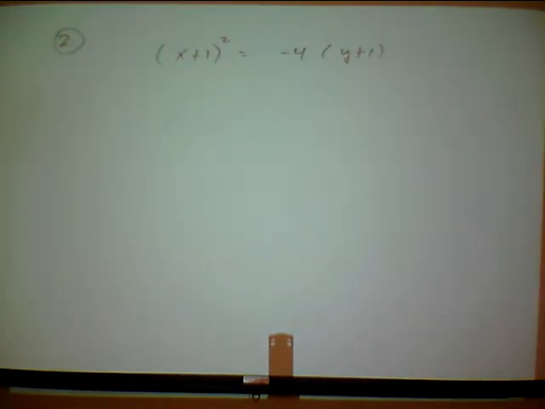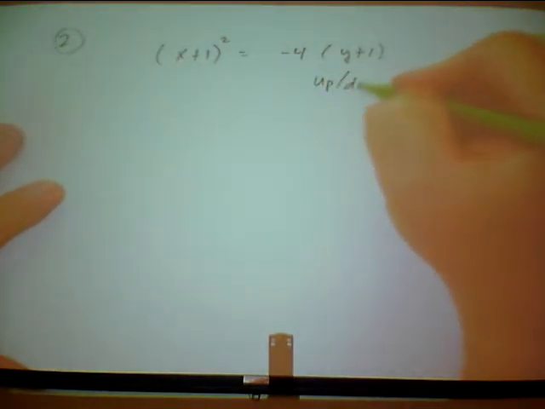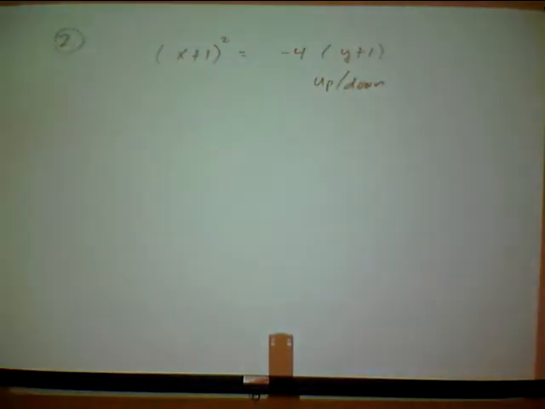So I look at this, and I notice right away that they've given me an equation that's in standard form. And as it turns out, the x term is squared, which means it's going to be either an up or down parabola.